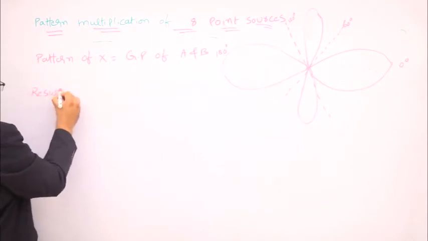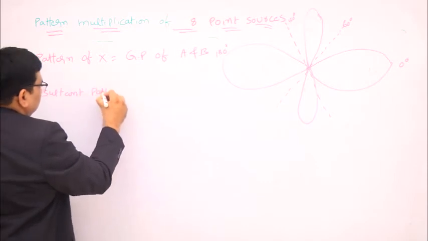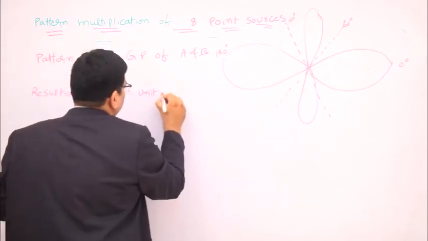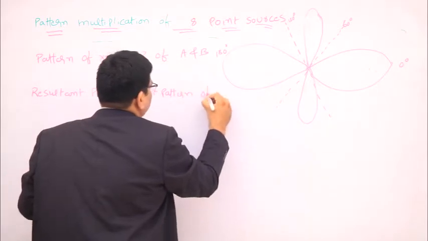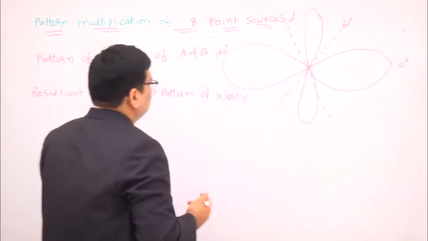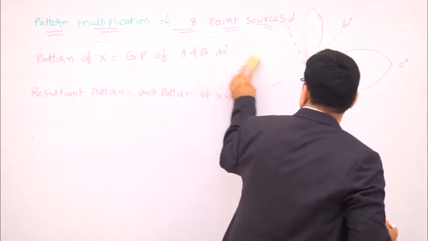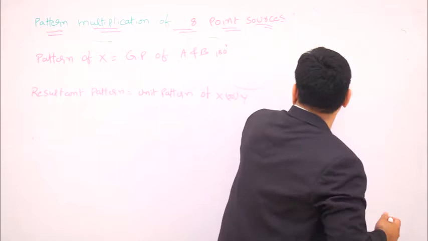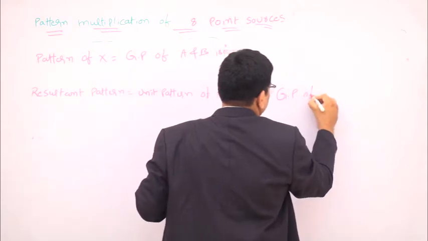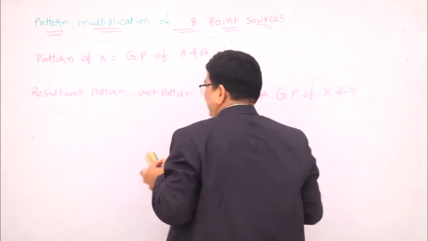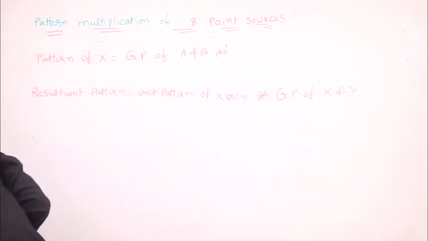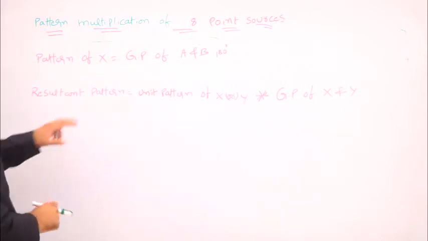So the resultant pattern is equal to the unit pattern of X or Y into the group pattern of X and Y. Now, what is the unit pattern of X or Y?